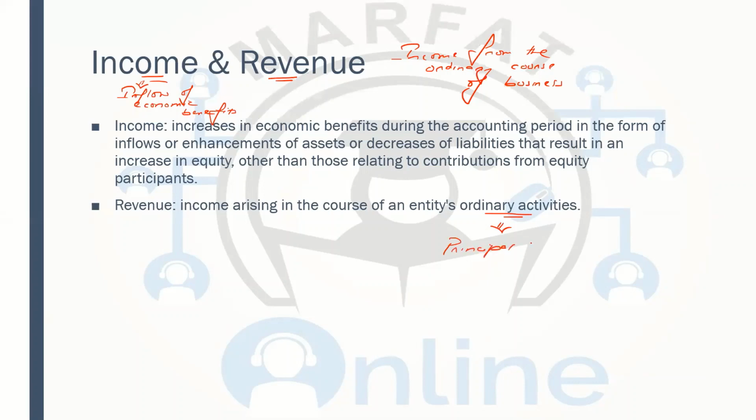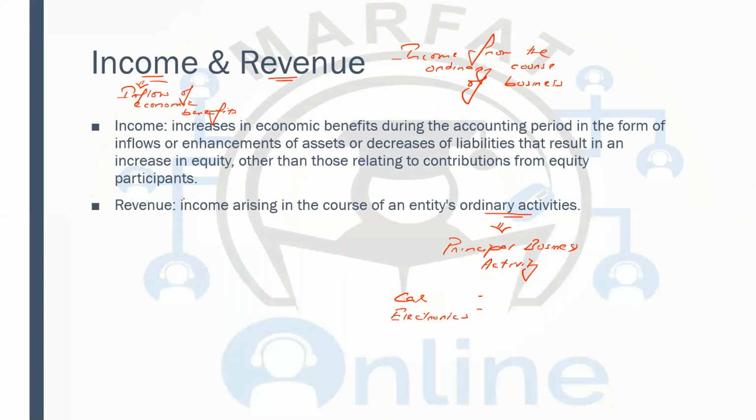For example, if we are selling cars, then revenue is the income from selling the cars. If we are selling electronic products, then the revenue is the income from selling the electronic products.